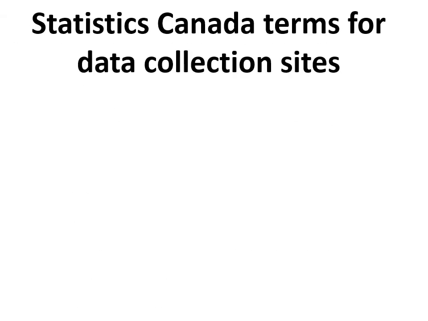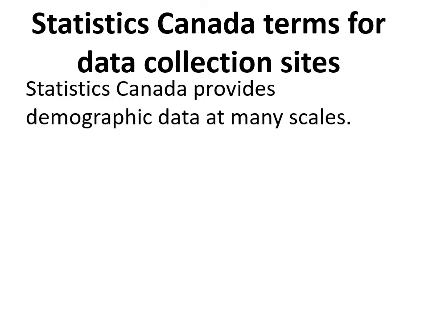Speaking of Statistics Canada, it's useful, especially if you're in geography and tourism studies, to know a bit about the kinds of geographical categories that Statistics Canada makes use of. So you can think of these as sort of like buckets or containers. Demographic data, for instance, is available at many scales.